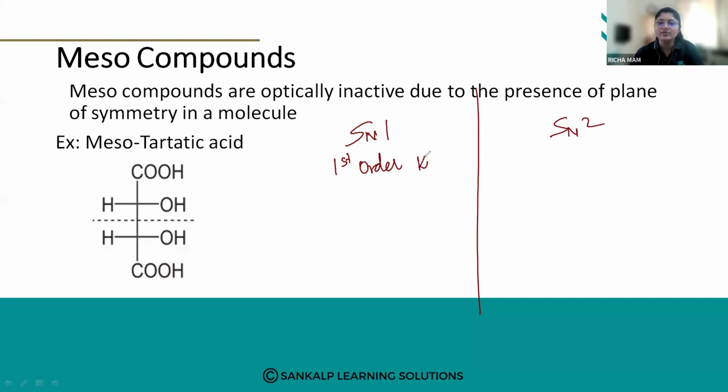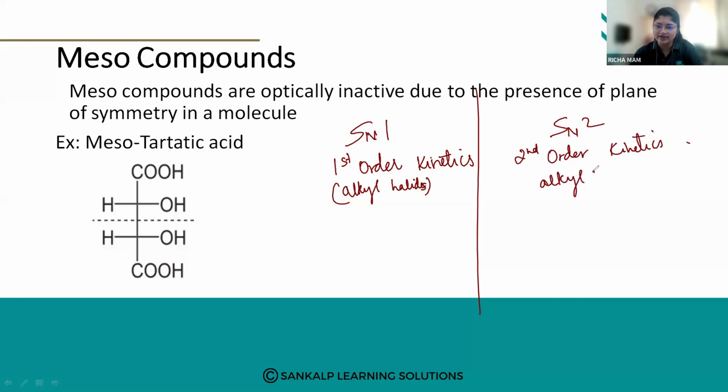So here the rate of the reaction depends on the concentration of alkyl halide. Then the SN2 mechanism follows second order kinetics. Here the rate of the reaction depends on the concentration of alkyl halide as well as the nucleophile.